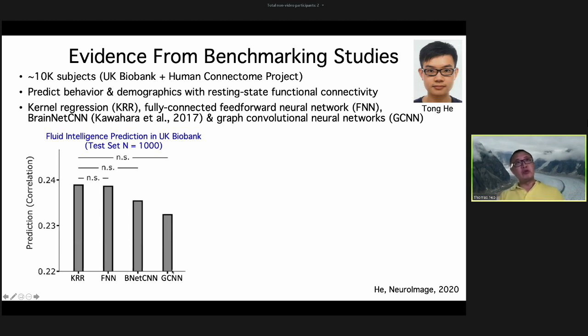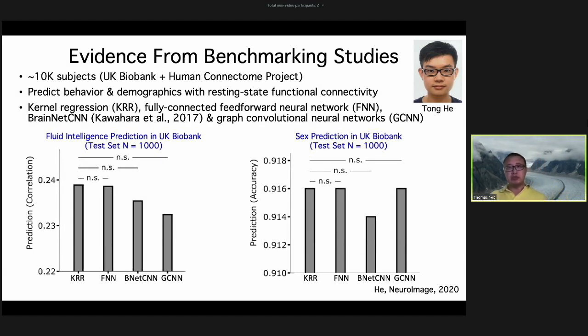He Tong found that the prediction accuracies were basically identical across all approaches. In the case of sex prediction, He Tong again found that there was no statistical difference among the different approaches. So overall, across the 2 data sets and all the non-imaging measures he predicted, the prediction performance was highly similar between kernel regression and deep neural networks.